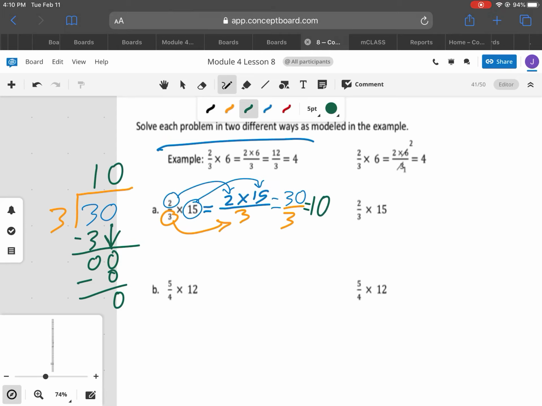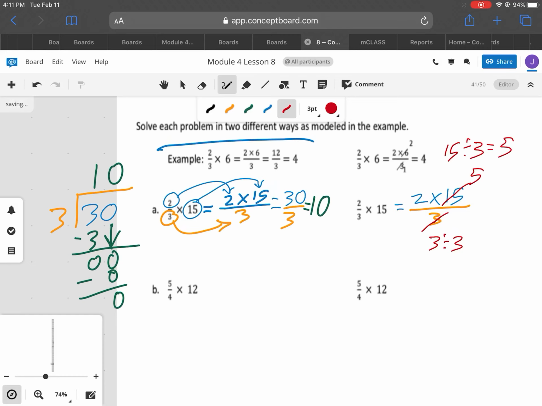All right, now the other way. This is one of my favorite things to do. I love cross-canceling. That's what you call it, or that's what I used to call it in high school. So the beginning starts the same, 2 times 15, just like we did on the other side. And we're dividing that by 3. Here's where the difference happens. I know that 3 and 15 are similar. 3 goes into 15. 15 divided by 3 equals 5.